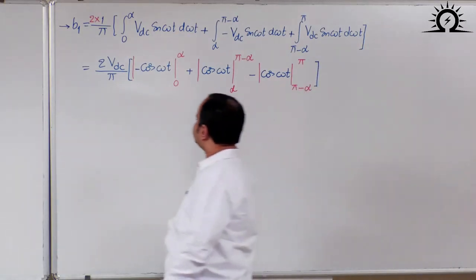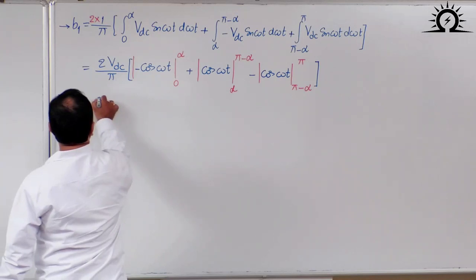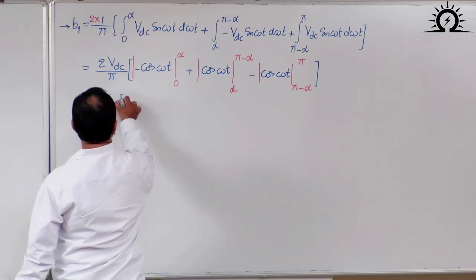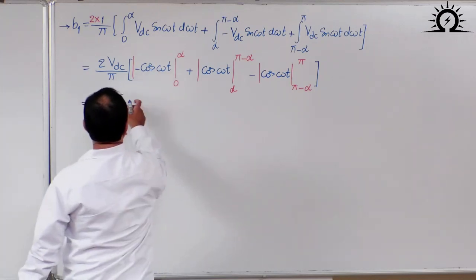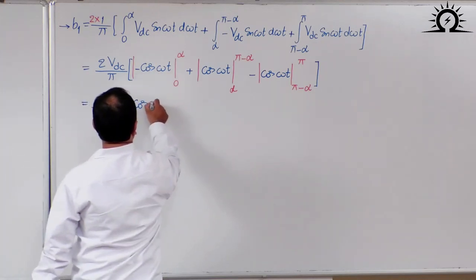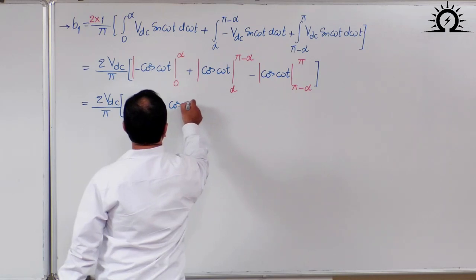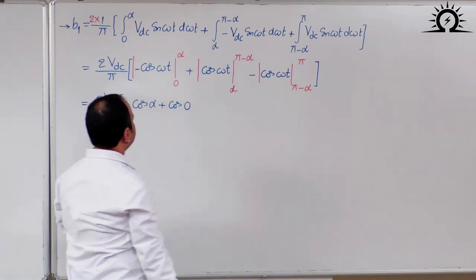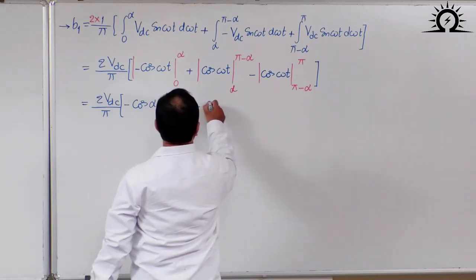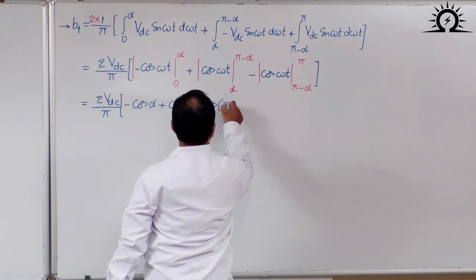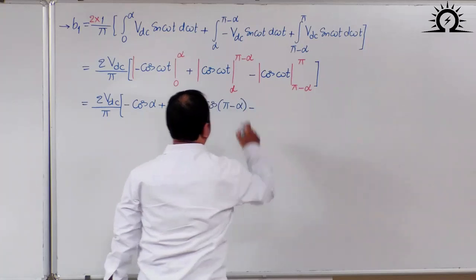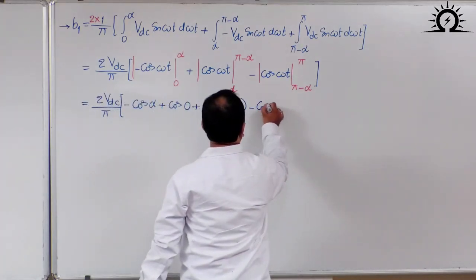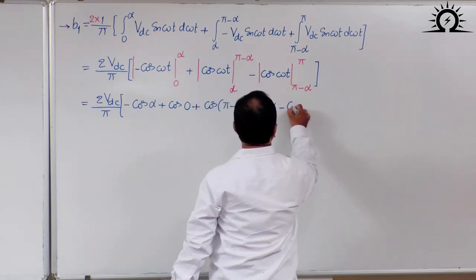Let us simplify this. 2 VDC by pi, upper limit minus cos alpha, lower limit minus of minus, that is plus cos 0, plus cos of pi minus alpha, lower limit minus cos alpha.